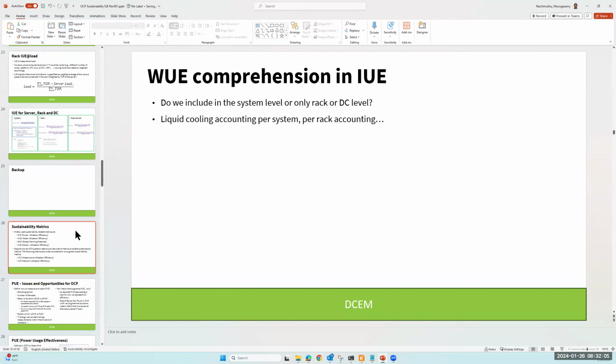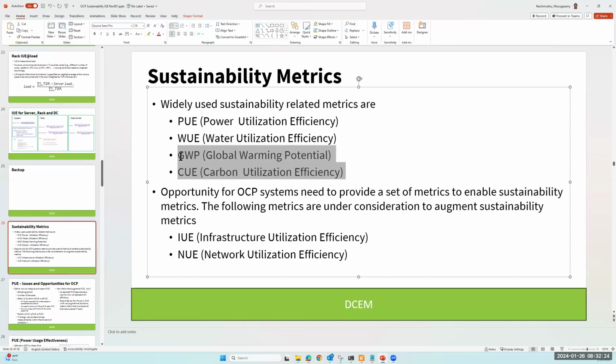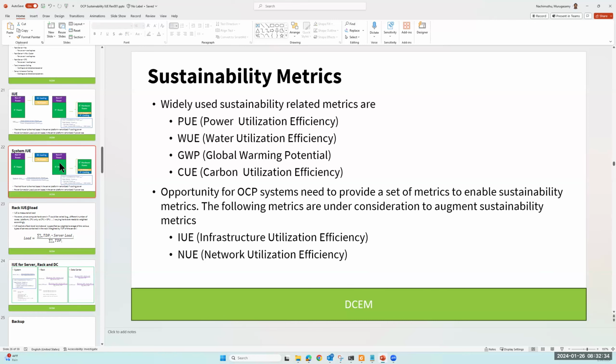What other things were we looking at? Sorry, go ahead and finish this metrics discussion, then we'll come back. So, global warming. Do we want to account for anything at the PUE system level with this? CUE, yes, definitely, carbon usage effectiveness. We can model that. I have quite a bit done already, but we can look at what other things need to be done.